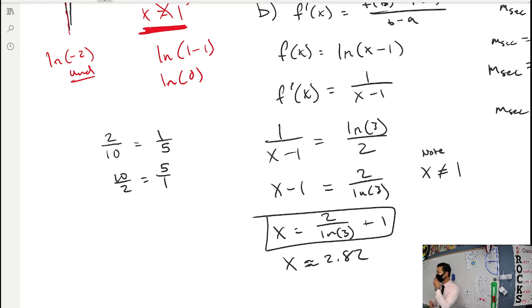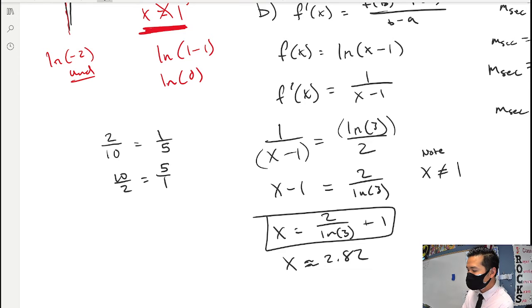Anita, you had a question? Could you cross multiply? You could. I don't want to deal with x minus 1 times ln of 3 though. But you can. You'll develop shortcuts for fractions the more you practice with them. My shortcut for this one is just to flip both of them.